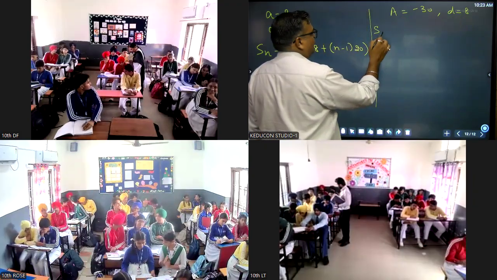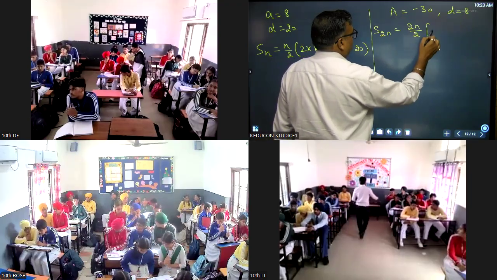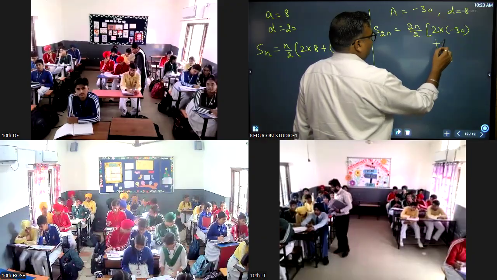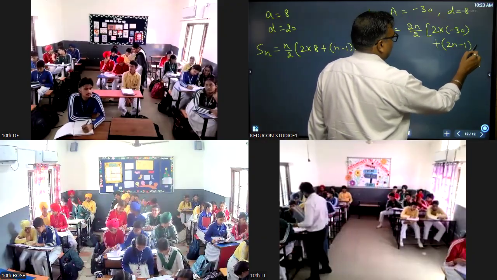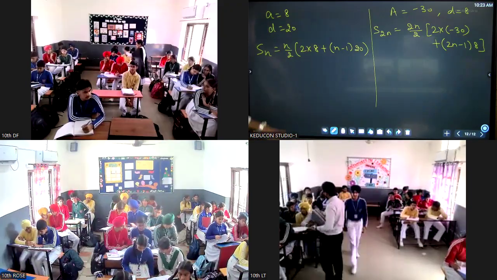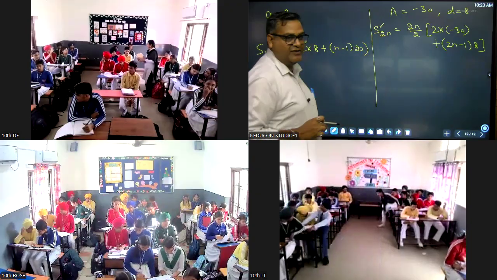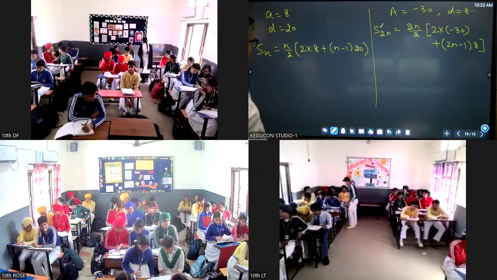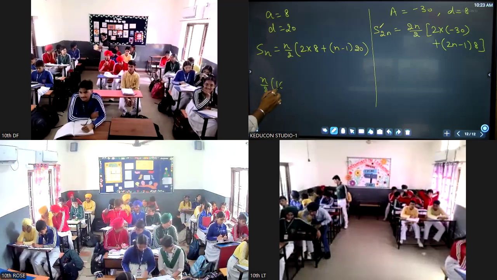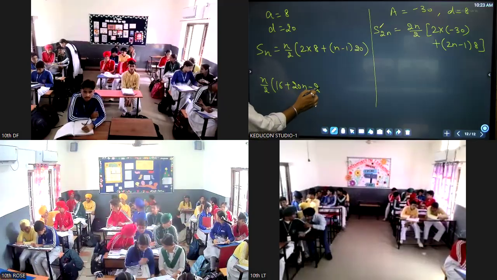So the sum of 2n terms of this AP will be 2n by 2, 2 times a plus 2n minus 1 into d. So this is the second AP. Now it is given Sn of this is equal to S dash 2n of this. So we will equate them. How to equate them? n by 2, 16 plus 20n minus 20.